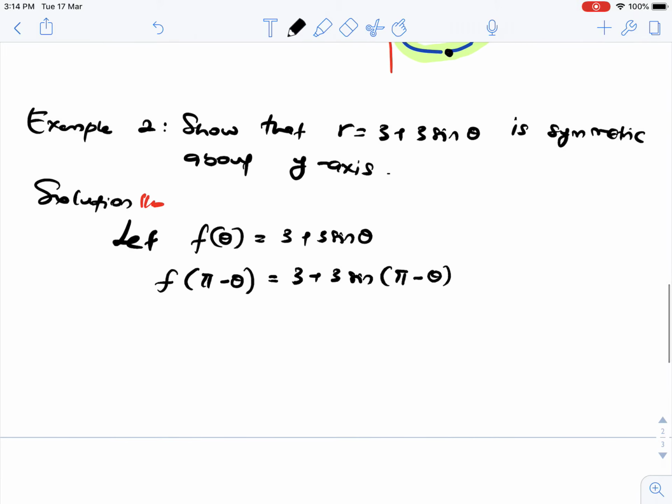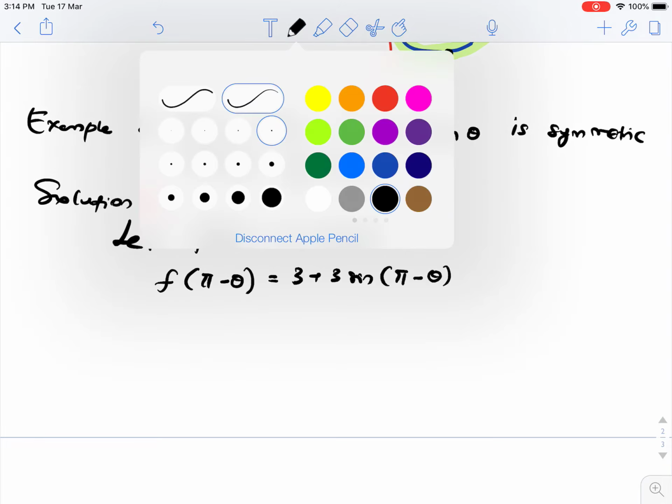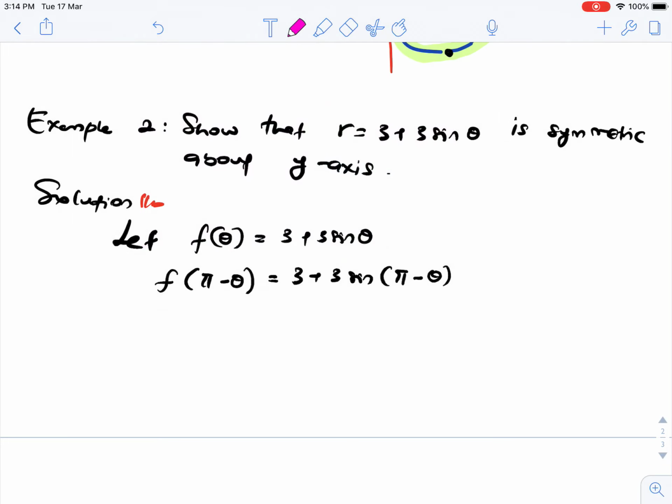Okay, now we need to use the trigonometric formula. The trigo formula says that if we have sine(a minus b), this equals sine a cos b minus cos a sine b.